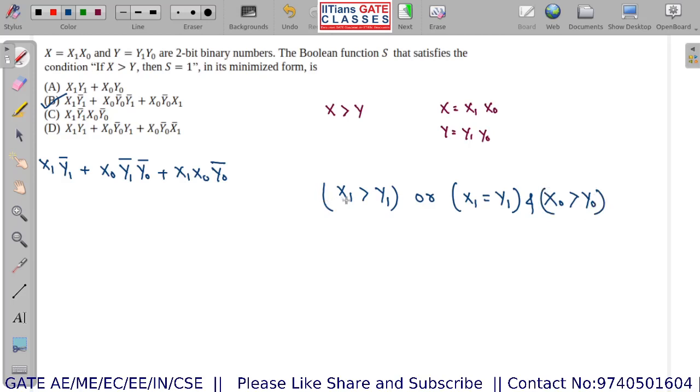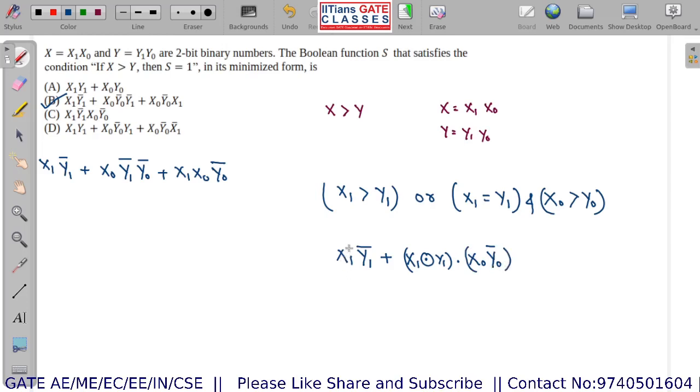Now if I want to write this in Boolean form, this will be x1 y1 bar, or means plus, x1 equal to y1. So the equality detector is what? It is XNOR. So x1 XNOR y1, and means dot, x0 greater than y0, that means x0 y0 complement.